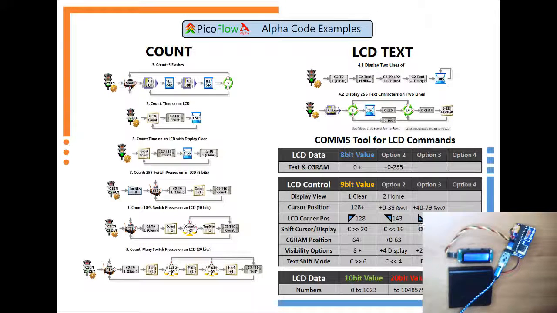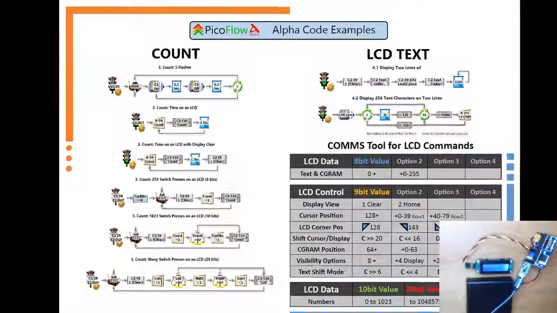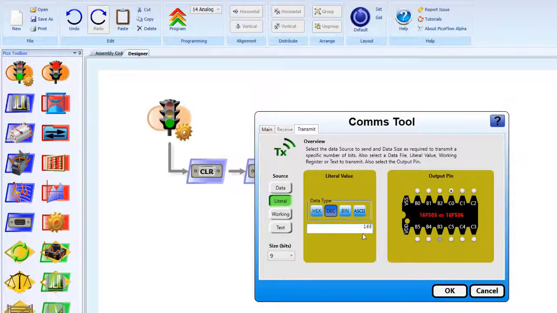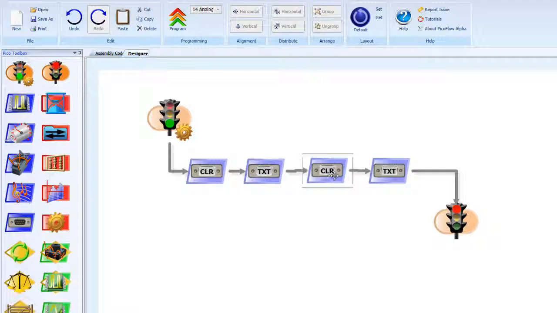Actually, 168 is our bottom position, and we get that by taking the number 128 and then adding address 40, which is the first character in our second row. That's how we get the number 168. So instead of 128, 168 is the number we need. And instead of clear, we're going to just say line 2 and program. There we have it. We have our text on 2 lines.